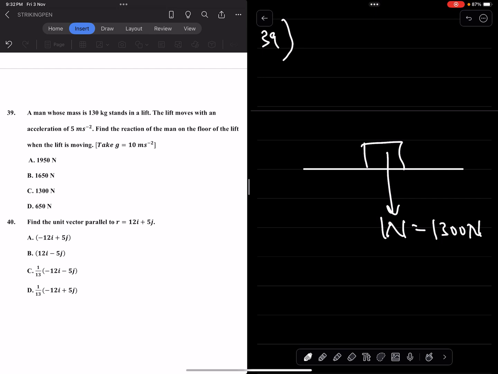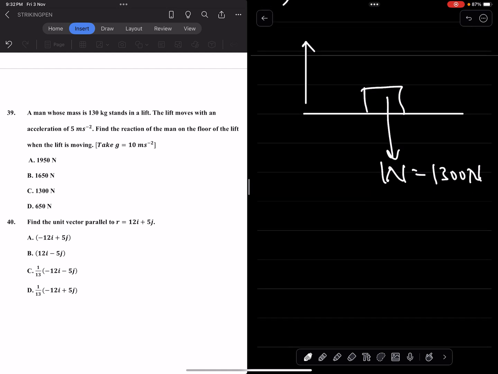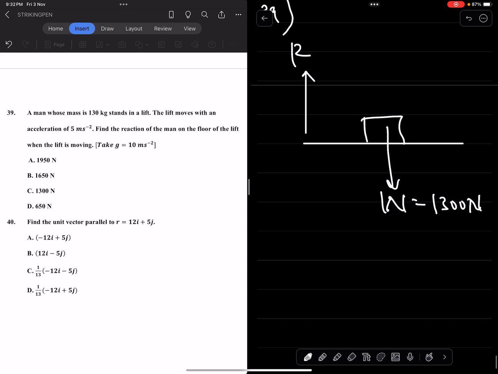If the lift moves up, that means the reaction of the lift is greater than the weight of the man. Let this be the reaction of the lift, R. If the lift is moving up, that means the reaction is able to overcome the weight of the man.